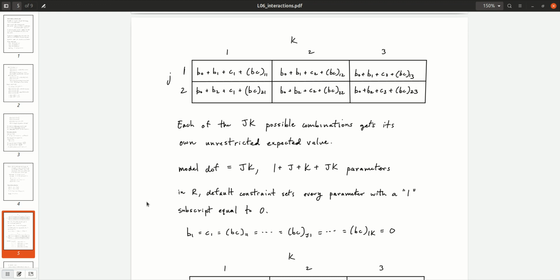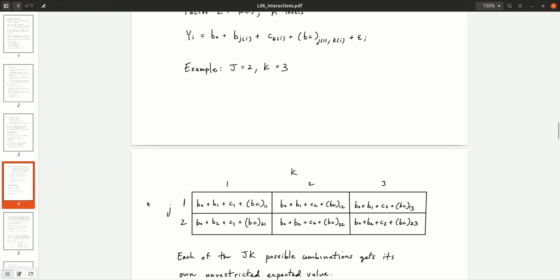And if we just take that model formula and write out the answers, we get for the 1,1 entry, first level of both factors, b0 plus b1 plus c1 plus, and this is what I mean, a single parameter, bc11. So it's a parameter that has 2 subscripts. The 2,1 entry is b0 plus b2 plus c1 plus a different parameter, bc21.